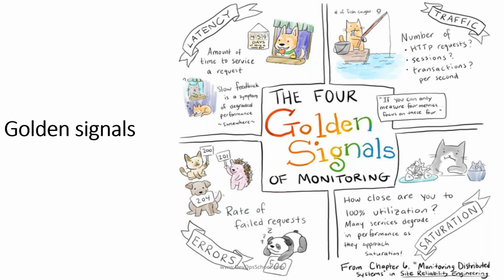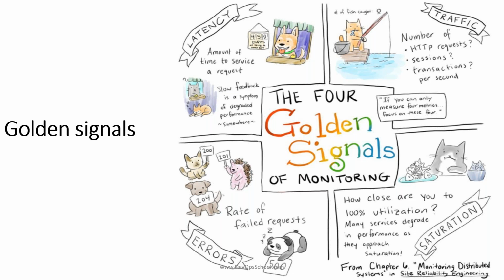This is called golden signals, the four rules of golden signals. Are you monitoring latency? Are you monitoring traffic? Are you monitoring the errors you get? And are you monitoring saturation? We have golden alerts also, but the slides we have are on golden signals. Latency means the amount of time to service a request, slow feedback, and stuff like that.